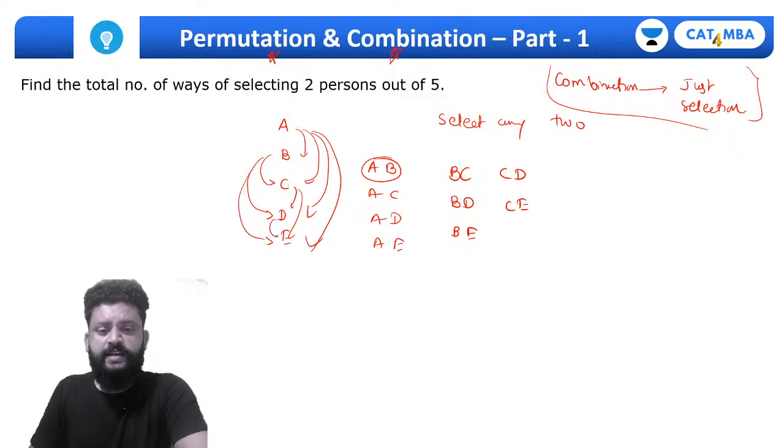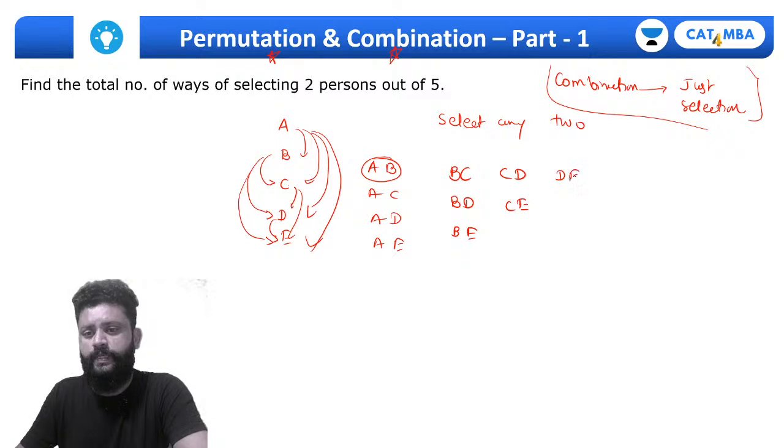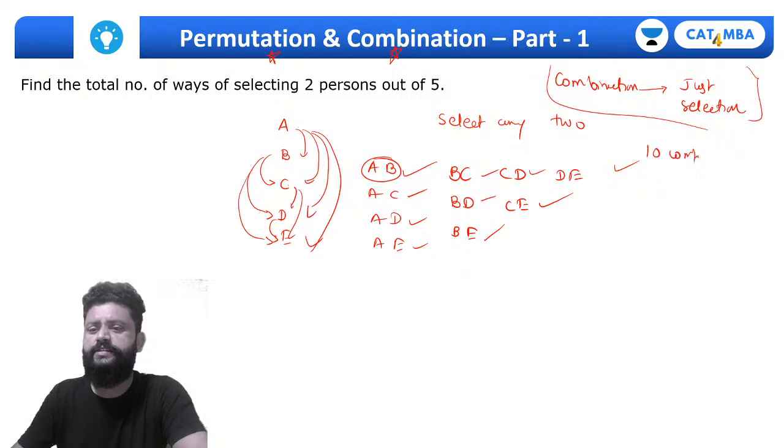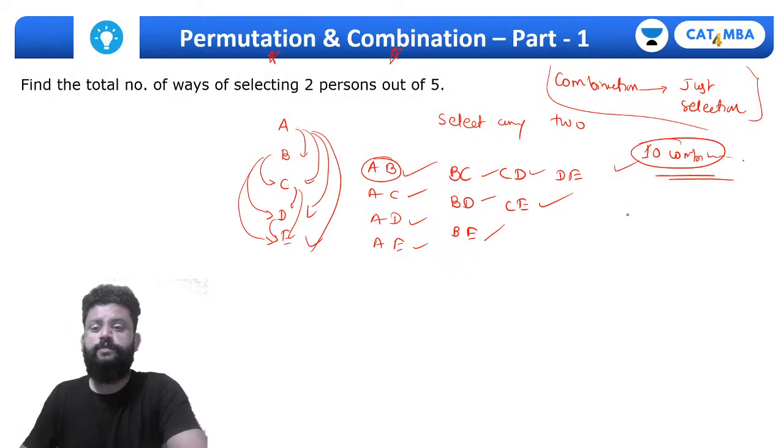Then we can have the last pair as DE. So if you look at this, 1, 2, 3, 4, 5, 6, 7, 8, 9 and 10. So there are 10 combinations possible, right? So that's the meaning of combination. We selected or grouped, that's the meaning of combination.